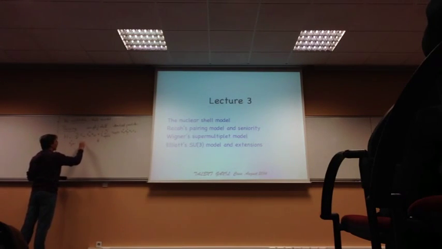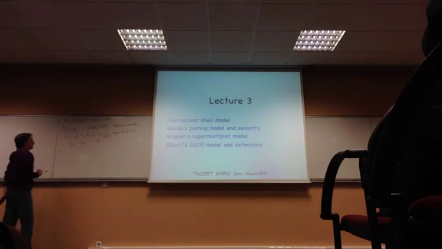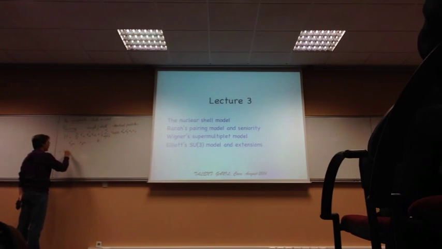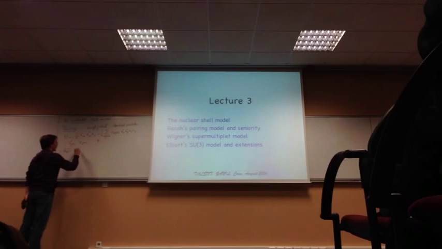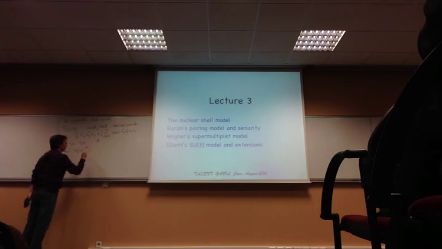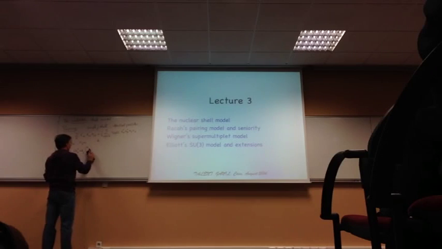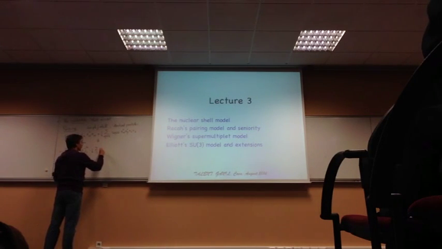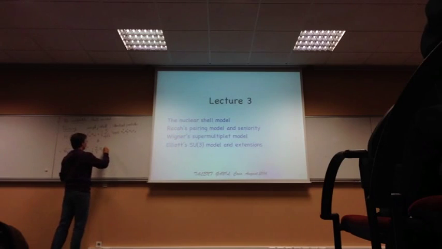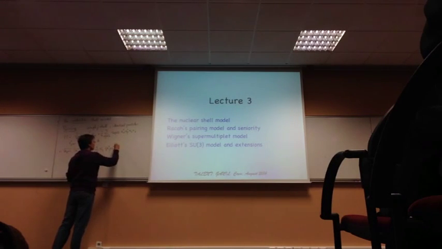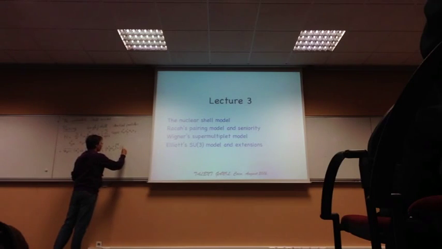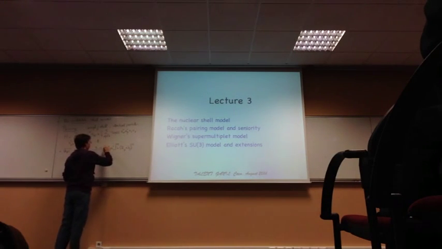Then, in second quantization, this Hamiltonian can be written as sum of (2J+1), you couple two particles to J, plus then there are some signs you have to be careful about, and then the annihilation operators, and this is coupled to 0.